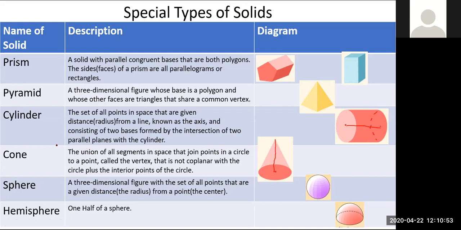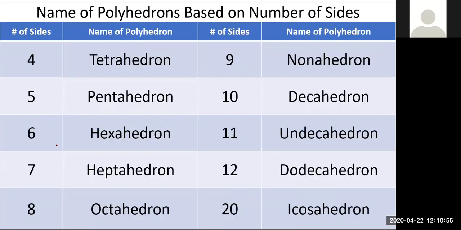Other things that you should know: names of polyhedrons based on the number of sides. When we look at polyhedrons, you can always name them based on the number of sides, just like polygons can be named with the number of sides. You'll notice most of the names here have the same prefixes as before. The only one that's really different is four sides.